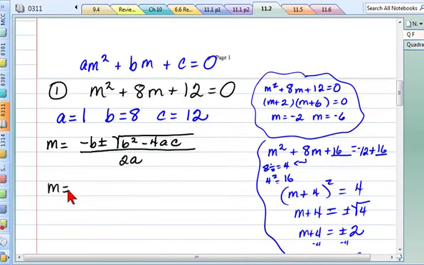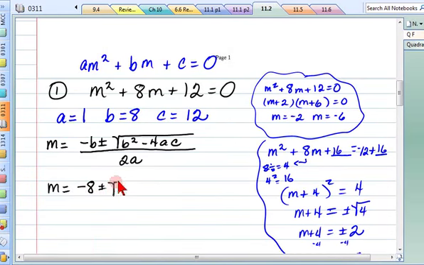So M is equal to, we're ready to plug in the numbers. The number on the outside of the radical says negative B. It always means write down the opposite of whatever the B value is. So do y'all agree it will be negative 8?